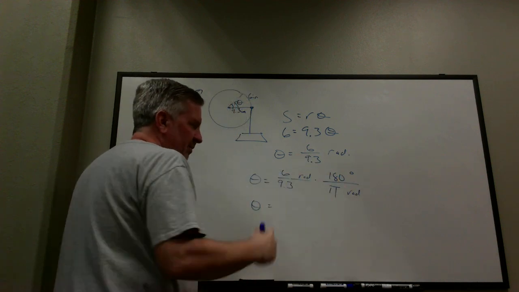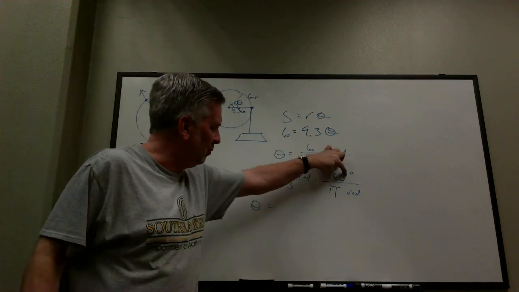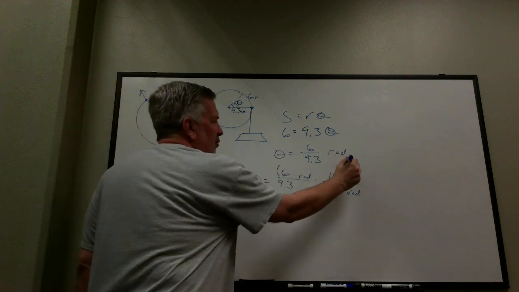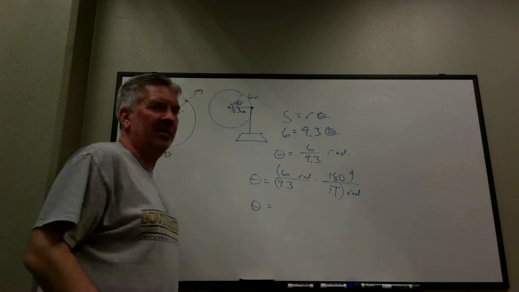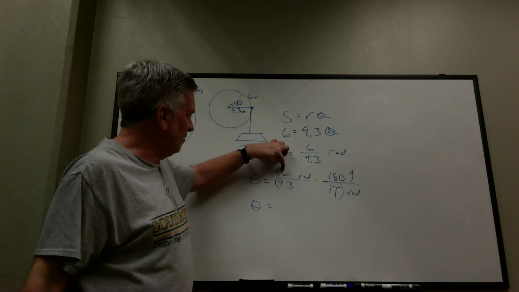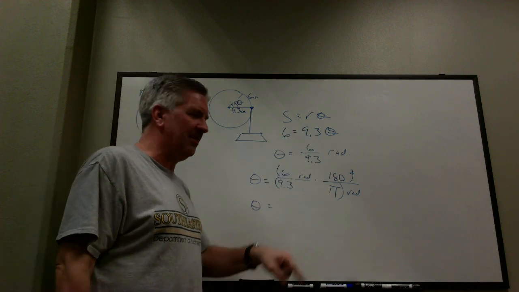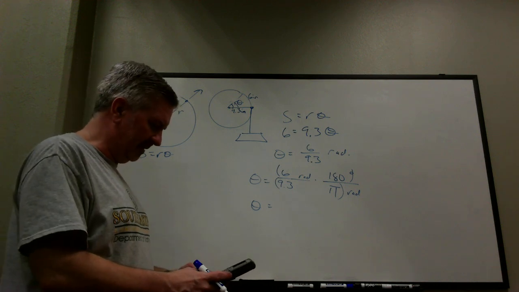So if I punch all these numbers in, now be careful. If you want to type this whole thing in, 6 times 180 divided by 9.3 times pi, you need to put that entire numerator in parentheses. Again, don't put the units. And the entire denominator in parentheses. You have to do that or you're going to get the wrong answer. What I typically do is I do 6 times 180, enter, divided by 9.3, enter, divided by pi, enter. Then I don't have to worry about parentheses. I'm likely to make a mistake that way.